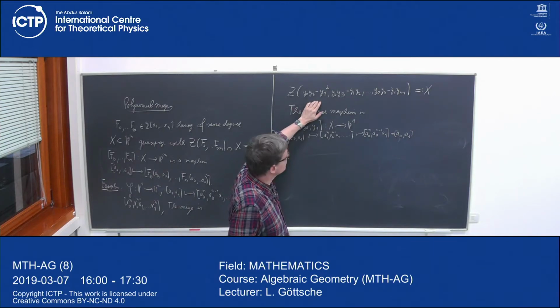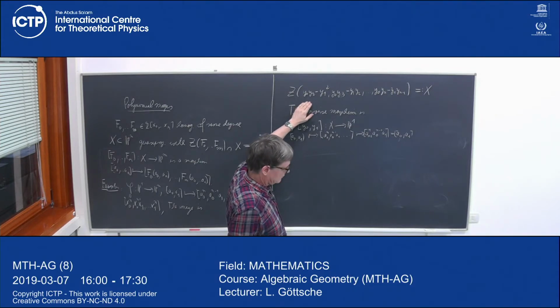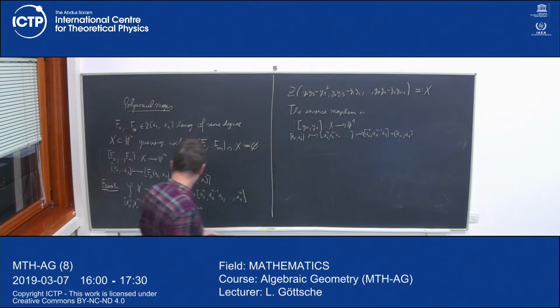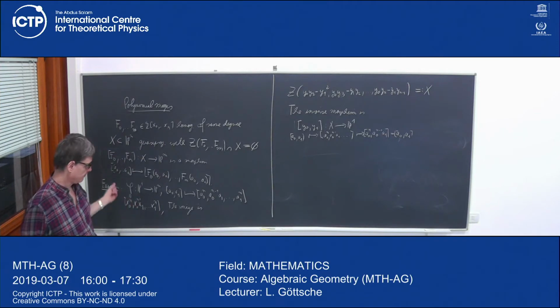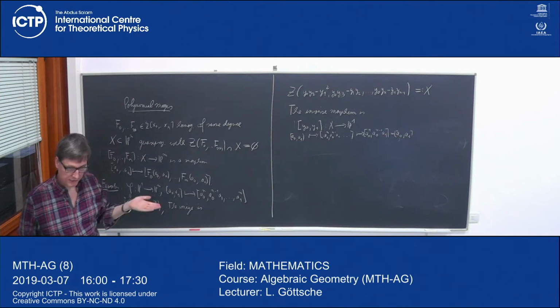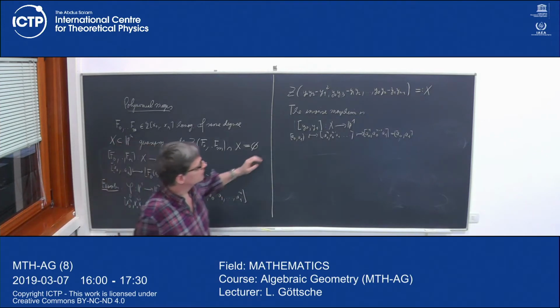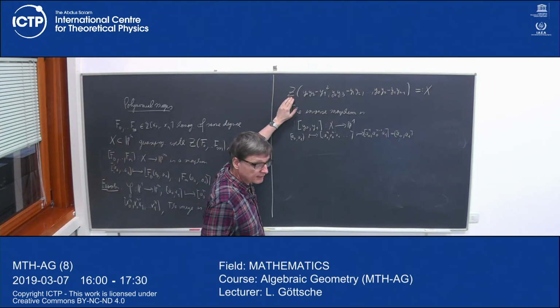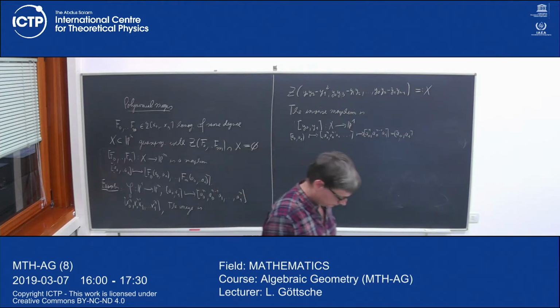If the image is precisely that, this is a closed subset, which is easy to check. I will also say later that if you start with something irreducible, then the image of the map must be irreducible. So this will be an irreducible closed subset, and therefore a variety, and we can talk about the inverse morphism.